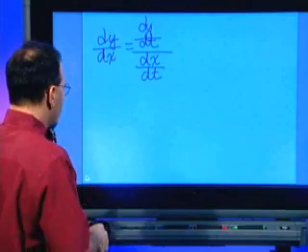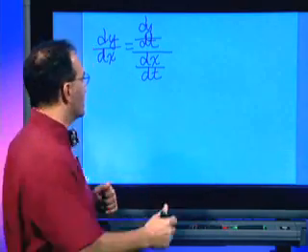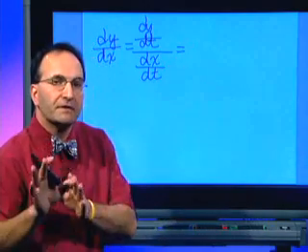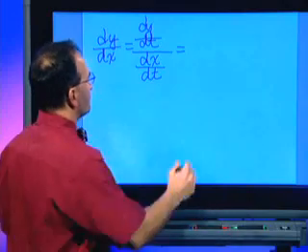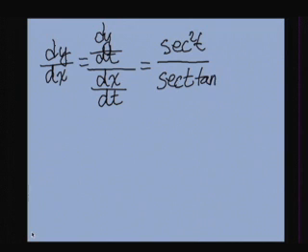And remembering that y was equal to the tangent, and that the derivative of tangent is secant squared, the top then is secant squared t. Now, x was equal to secant t, so the derivative of secant t is secant t times tan t.